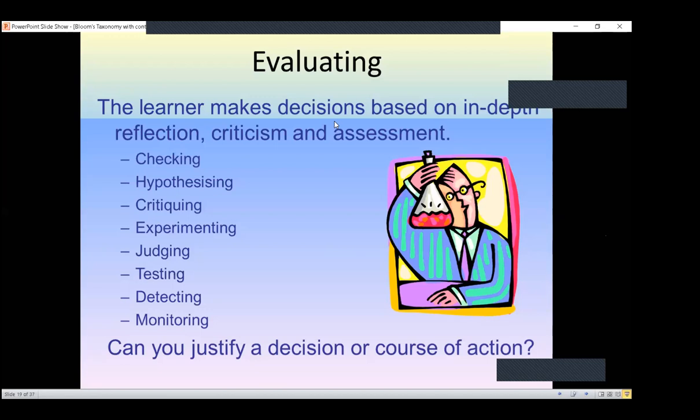Suppose it's an arts stream, suppose a poem is given over there. You can ask them to criticize that poem. You can ask them to reflect on that poem. So definitely, for any stream, it is not necessary that hypothesis, experimentation and judging are only related to the science stream. For any stream, this higher order thinking skill of evaluation can be developed.